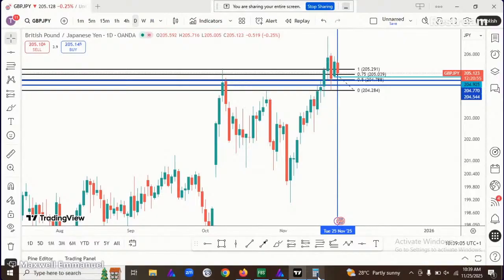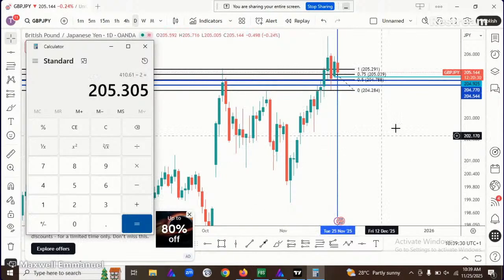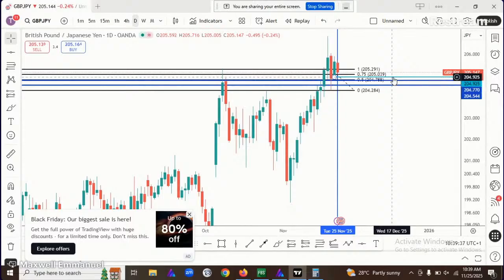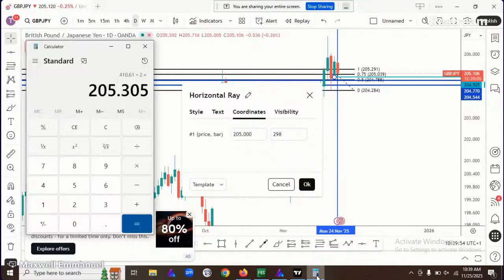So let's get the average of yesterday. 204.97 plus 205.64, divided by two, is 205.30.